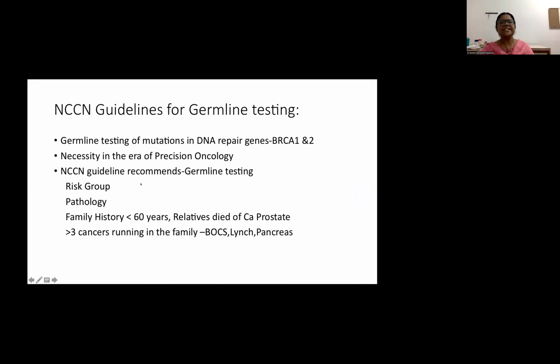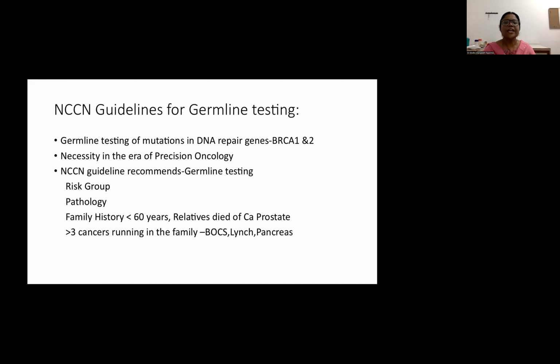And the NCCN guideline recommends the testing to be done in the high risk group that I have already told, and also in those tumor pathologies wherein there is a ductal component and also a cribriform pattern. This is the update that has come up in the 2022 WHO.